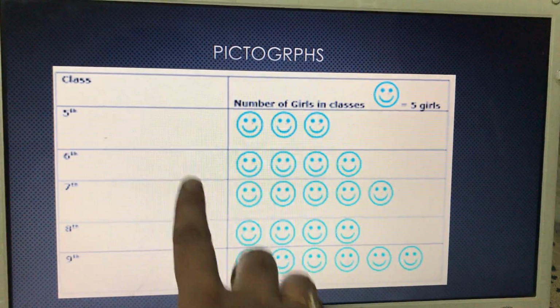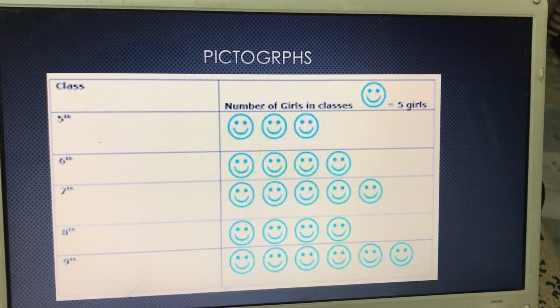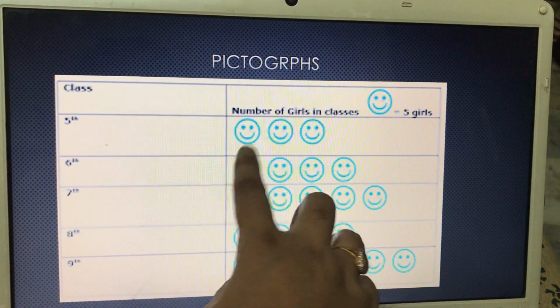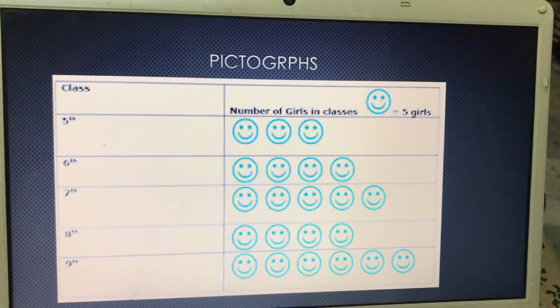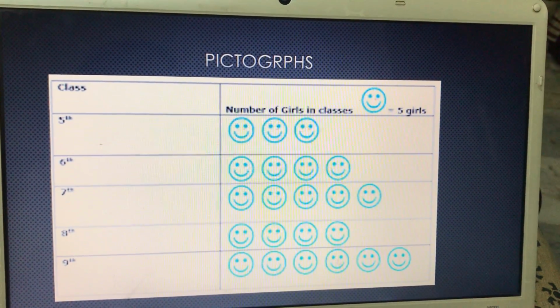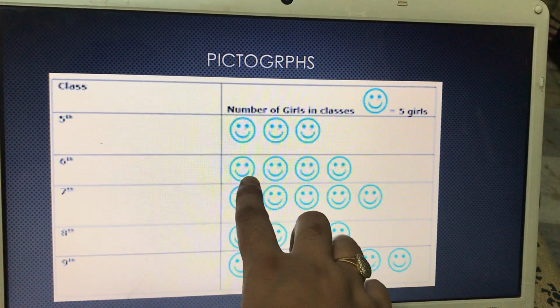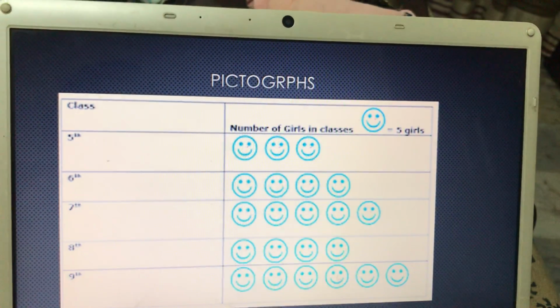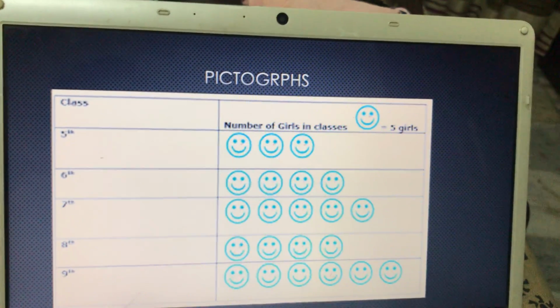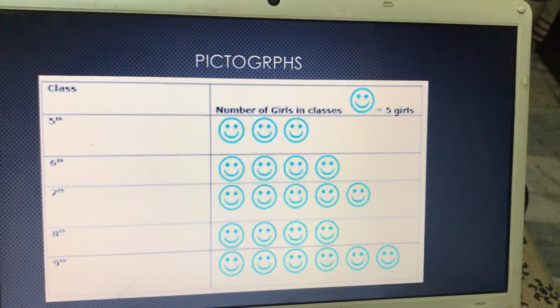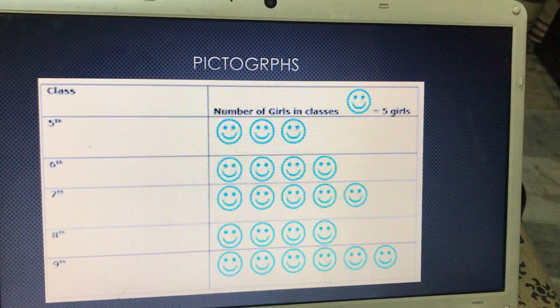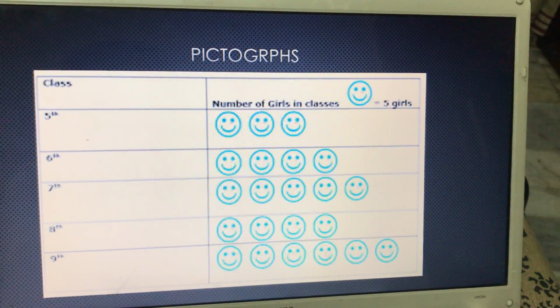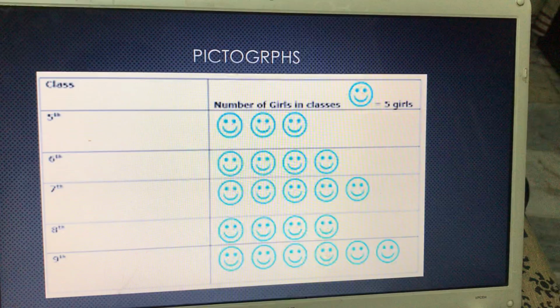So in 5th class we have 3 smileys. 3 smileys means 5 5 5, so it will be 15. For 6th class we have 4 smileys, so it will be 5 plus 5 plus 5 plus 5, it will be 20. For 7th class we have 5 smileys, so it will be 5 plus 5 plus 5 plus 5 plus 5, that means it is 25. For 8th class we have again 4 smileys, so it is 20.